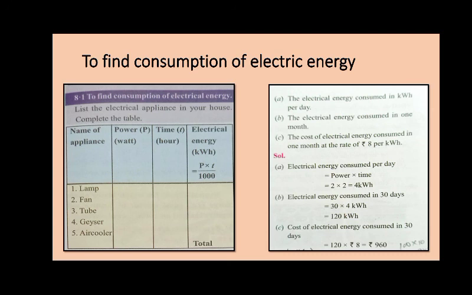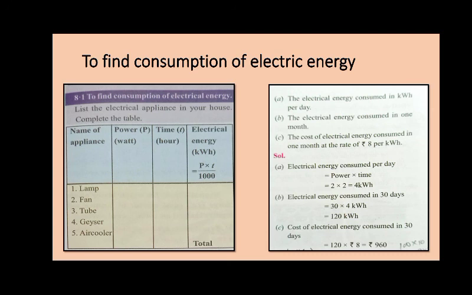So we will multiply it with the number of days. So for a month we multiply it with 30 days. So it comes to be 120 kilowatt hour. Now the cost of electric energy consumed in 1 month is at the rate of rupees 8 per unit. So what will be the bill, the total consumption?